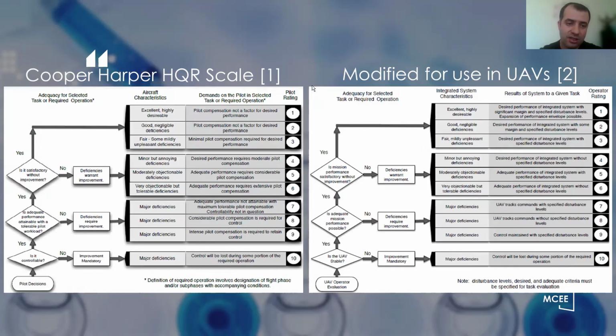One of the most common methods for assessing an aircraft's handling qualities is the Cooper-Harper Handling Qualities Rating Scale, which is shown in the first figure, the left one. It was created to standardize the process by which pilots provide their subjective opinions on an aircraft's handling characteristics.